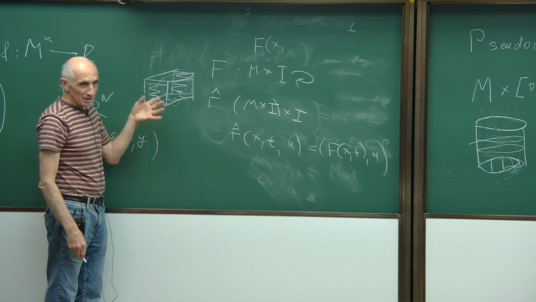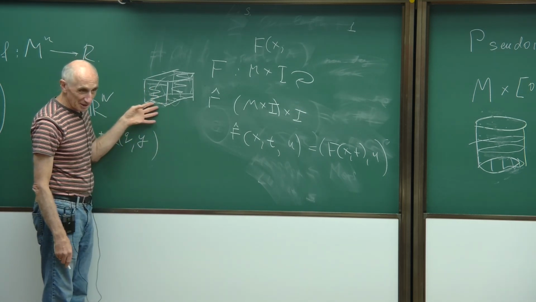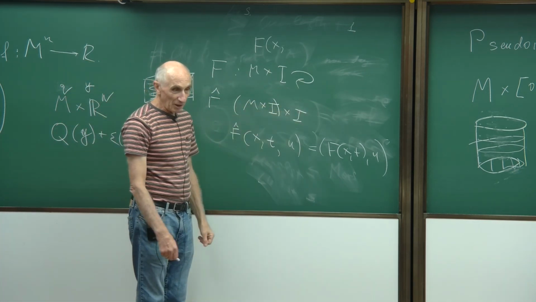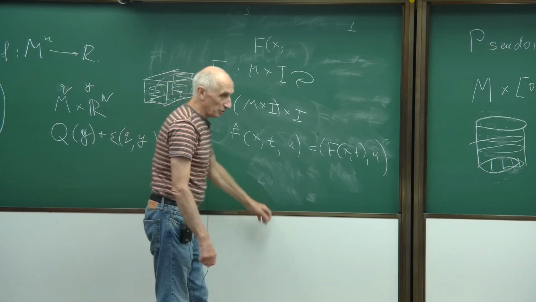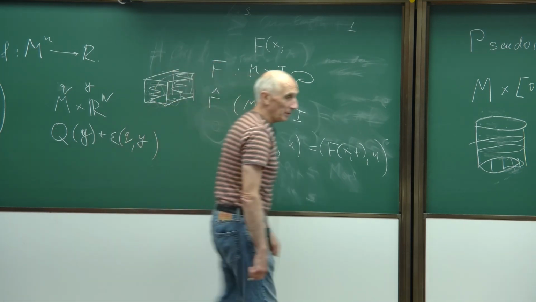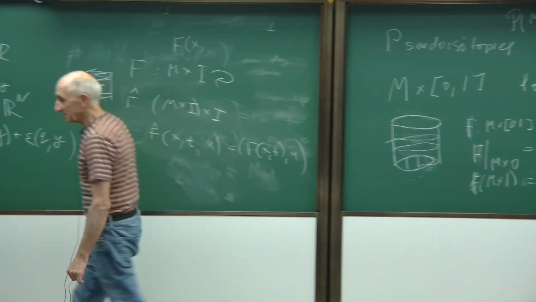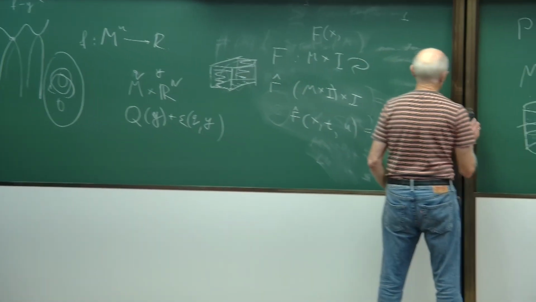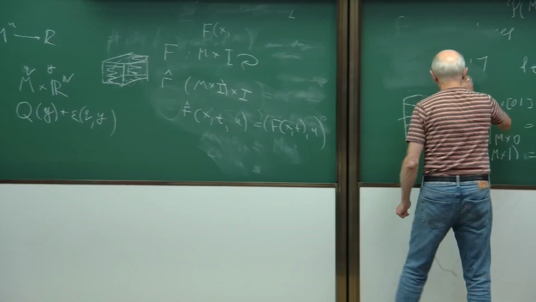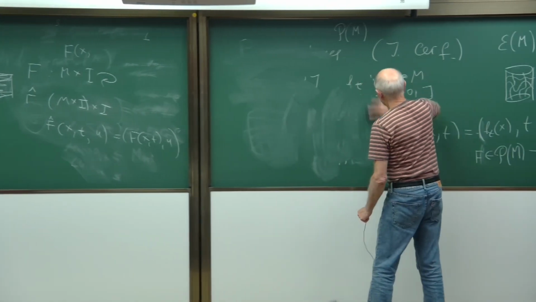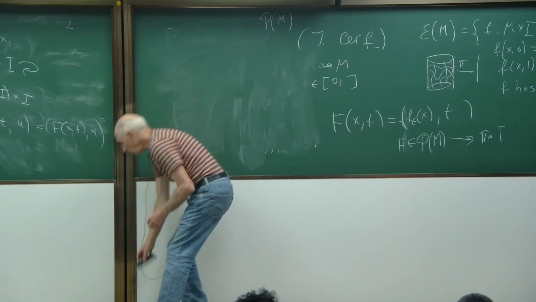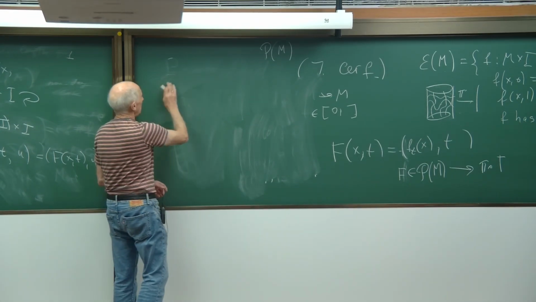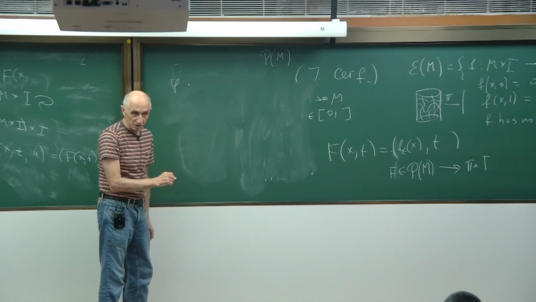But there is a much cleaner reformulation of this in terms of function space. In function space, I define stable pseudo-isotopy exactly as we did with our quadratic stabilization. Suppose I started with a pseudo-isotopy, which I think of as a function.